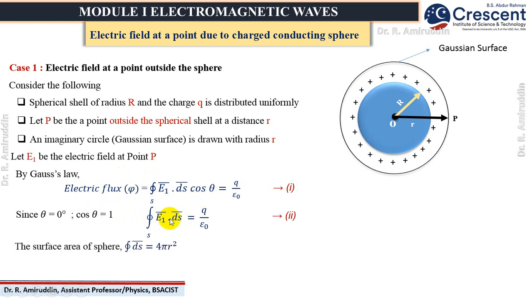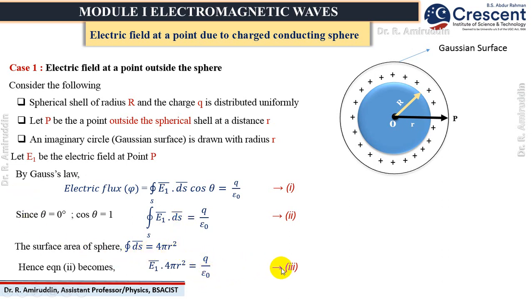The ds is actually the surface area of the sphere, and we have studied in our lower classes that it is defined as 4 pi r square. We will substitute this surface area of the sphere formula in equation number 2, and hence equation number 2 becomes capital E1 into 4 pi r square is equal to q by epsilon naught.